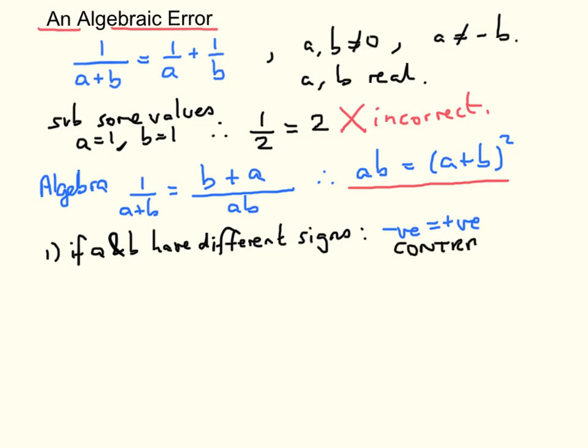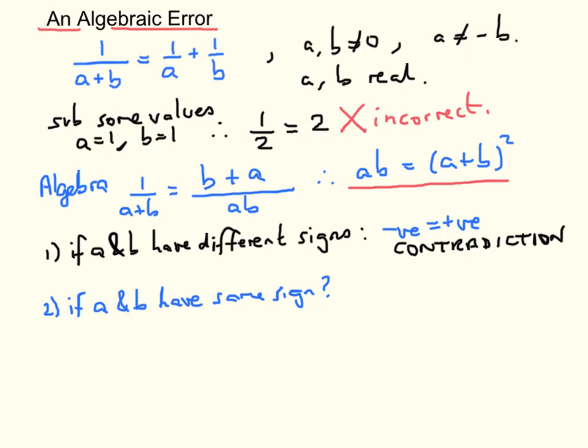So that shows that there are no real values of a and b such that they have opposite signs and this identity could hold. What about if they have the same sign? So if a and b have the same sign, so they're both positive or they're both negative. Well, I'm going to go back to this relationship here, but I'm going to expand this.